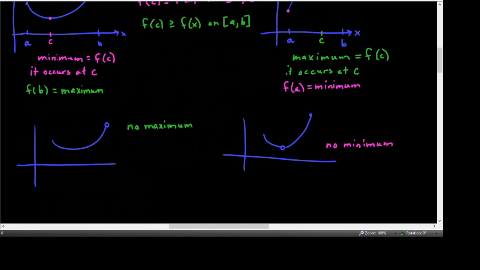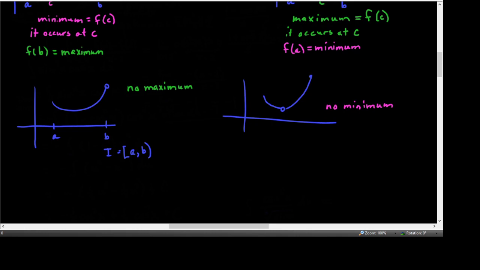So what is it we could do to guarantee that we'd have a max and a minimum no matter what? Well, the things that are saying you don't have to have a maximum or a minimum is the fact that the first one, going from A to B, includes A but does not include B. And so if the endpoint isn't included, and that's the only viable candidate for a maximum or a minimum at B, and there's not one, then we don't have to have one.